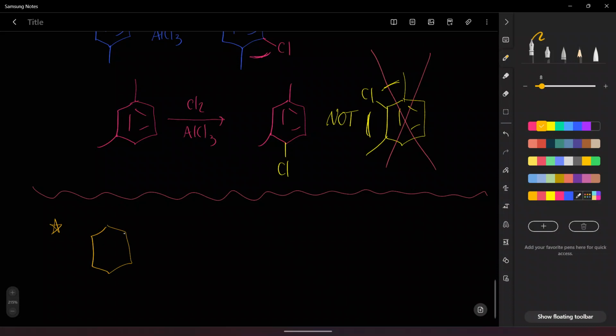Lastly, if I have a strong deactivator on the ring, something like an NO2 group, NO2 is very, very, very withdrawing. So this molecule right here would be strongly deactivating.